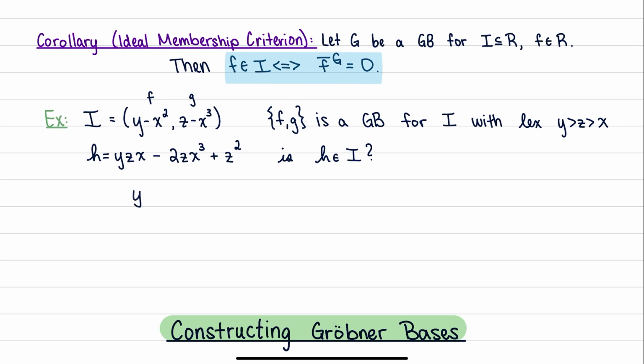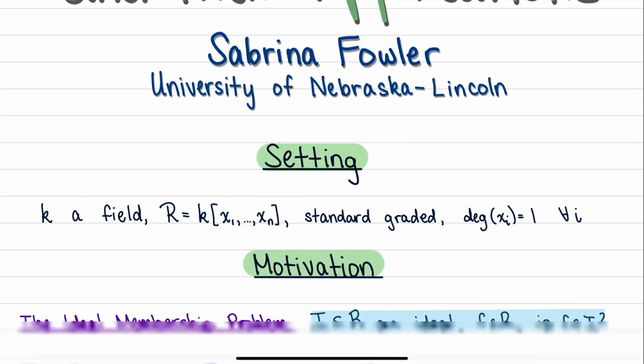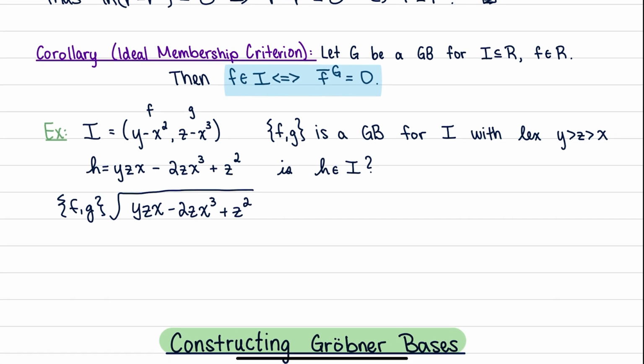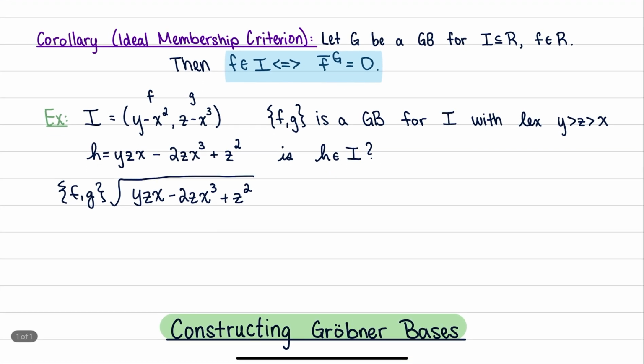So I'm going to take my polynomial h and divide by f and g. When we are using this version of the division algorithm, we need to know what the leading terms are of all of our players here. If I look at f, we're using the Lex order, so I don't care about degree.